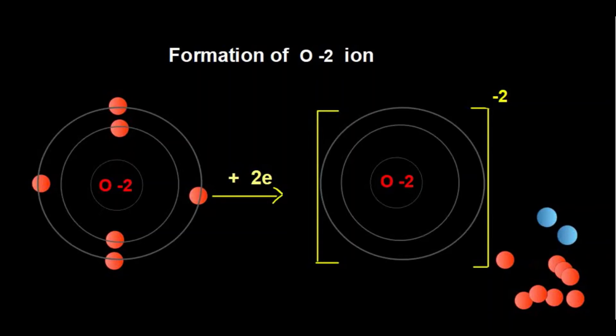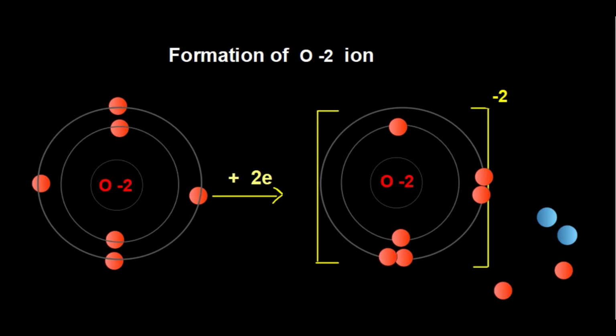We can show the formation of the oxide ion with the help of the electron dot structure for oxygen. We write 2 electrons in the first shell, that is the K shell of oxygen: 1, 2. Now in the L shell there are 4 electrons, so we make 4 electrons in the L shell: 1, 2, 3, 4, and then 5, 6.